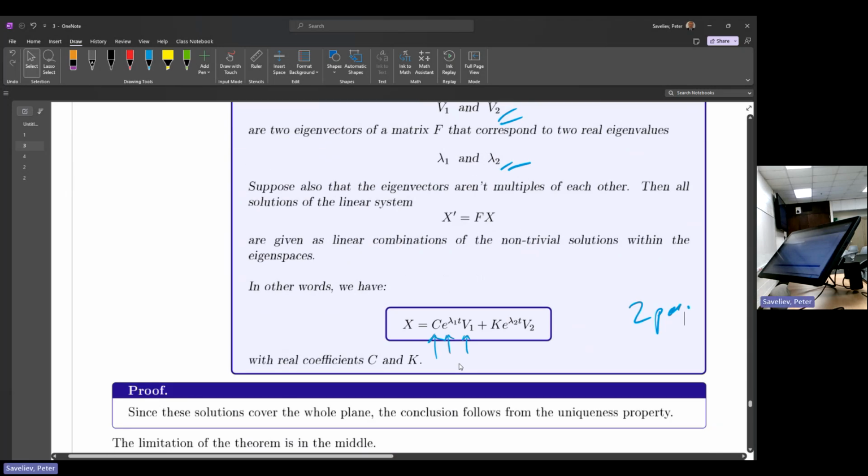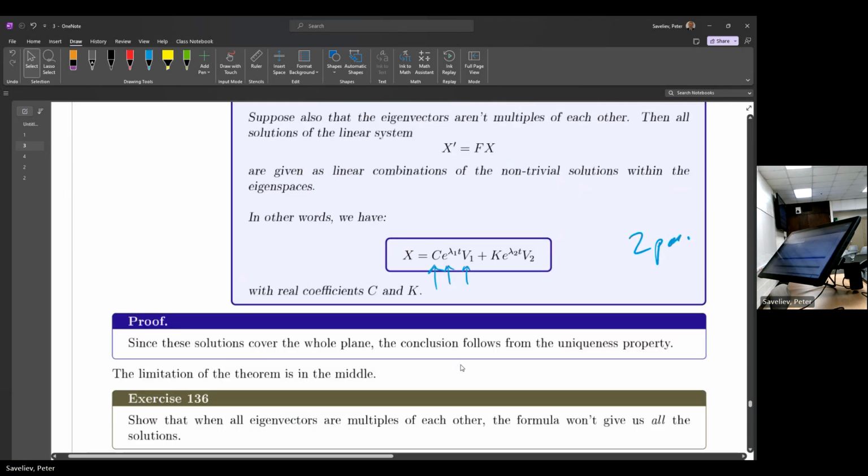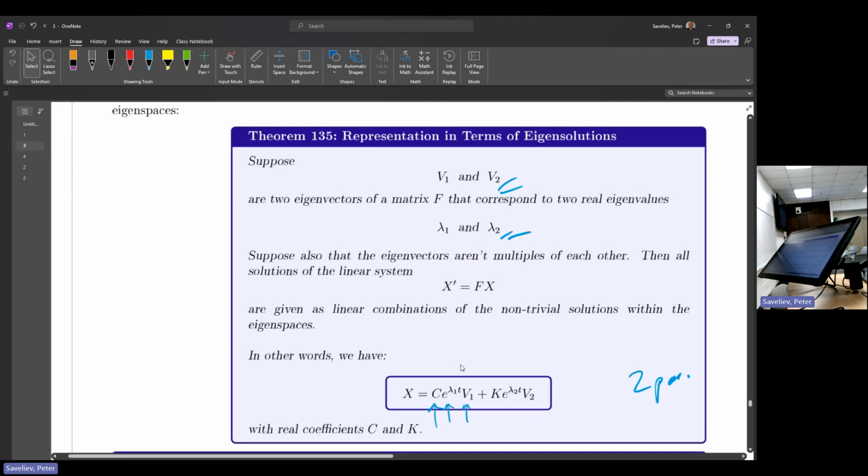Once again, uniqueness covers the whole thing, and from the uniqueness property it follows that there is nothing else. The limitation is that the eigenvectors cannot be multiples of each other. Remember the idea of planks and fabric between them.